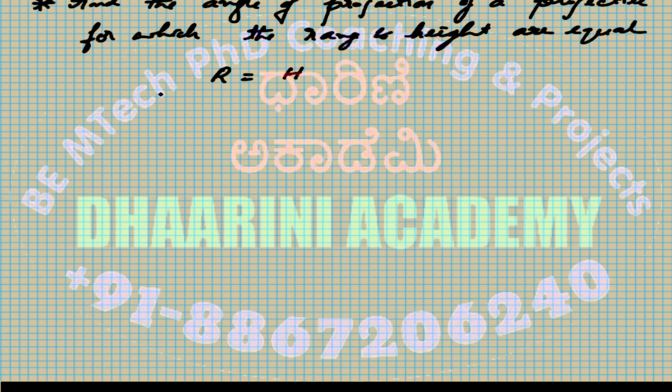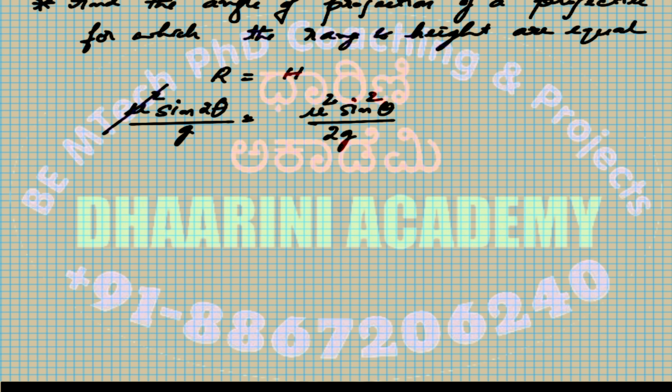Equation for range is U square sine of 2 theta divided by G, which should be equal to U square sine square theta divided by 2 times G. So U square cancels, G cancels.